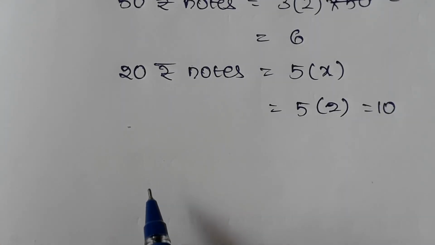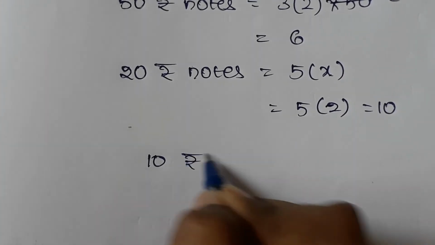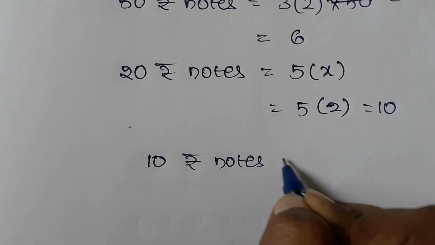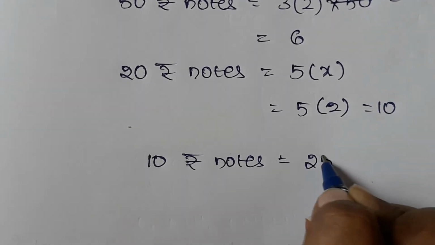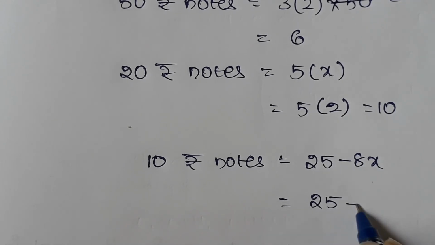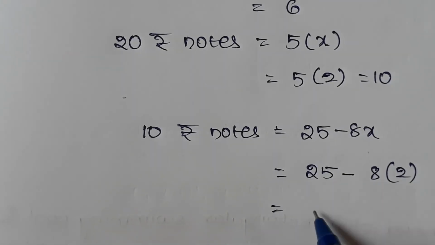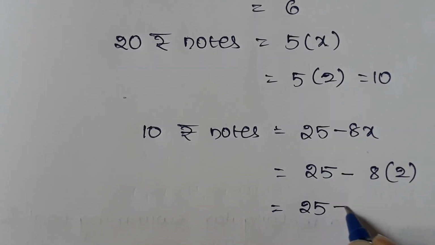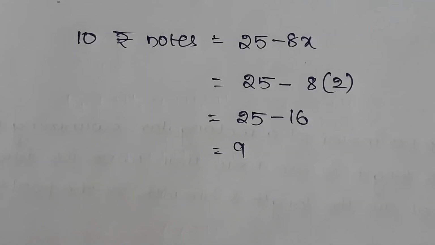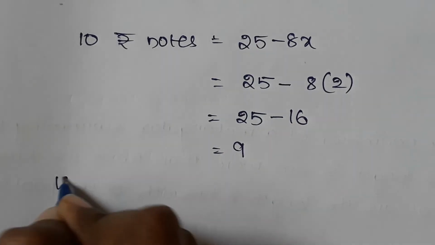And now she has 10 rupee notes, that is 25 minus 8x, that is 25 minus 8 into 2, that equals to 25 minus 16, that equals to 9.